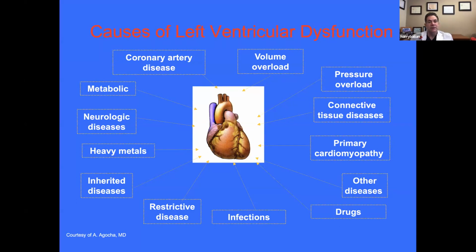Inherited diseases: some people have a genetic predisposition to having heart failure, and this usually comes about postpartum or peripartum, and also at a young age. Sometimes you see African-American young men in their 30s and 40s who have cardiomyopathy, hypertensive heart disease leading to heart failure.